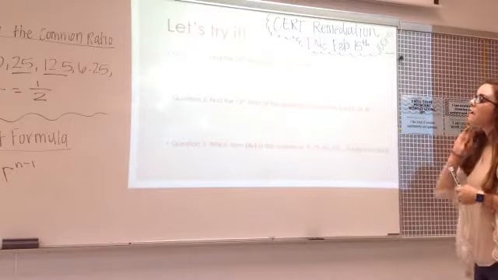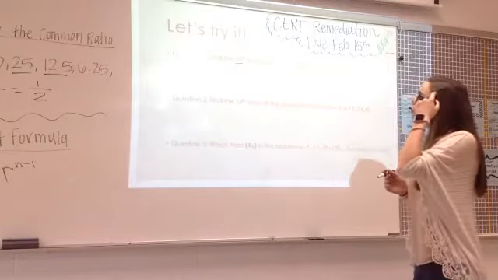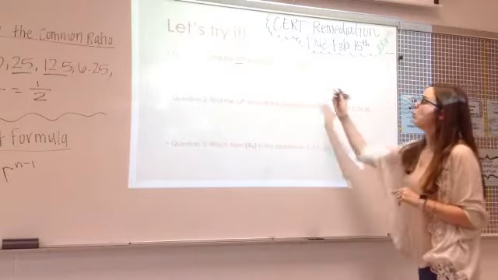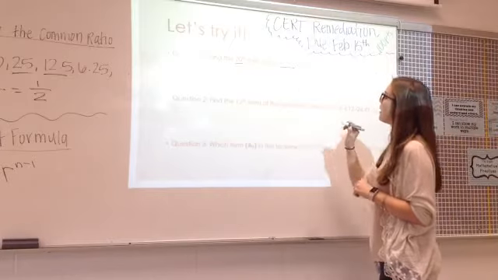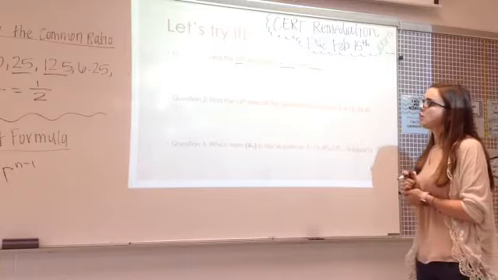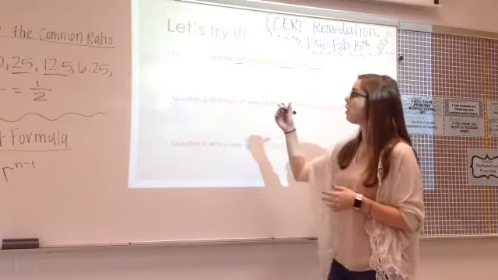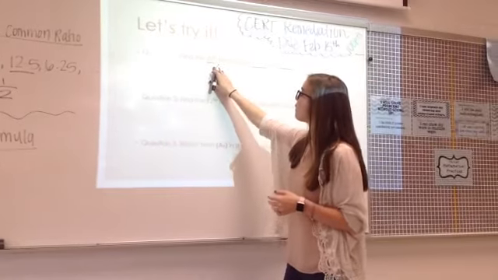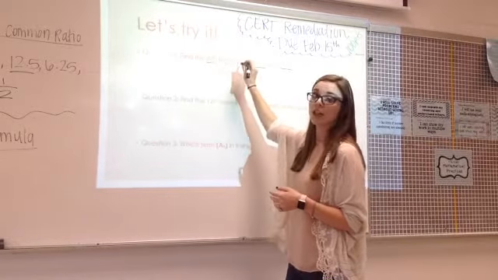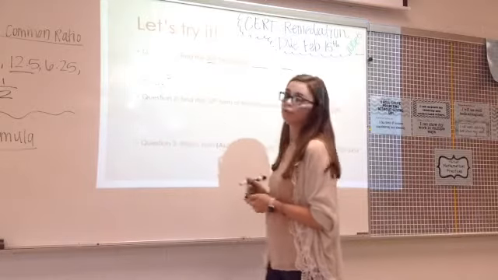So question 1, find the 20th term when a sub 1 equals 7 and r equals -2. So remember, n is your number of terms. So we know that we're looking for the 20th term, so that means a sub 20.